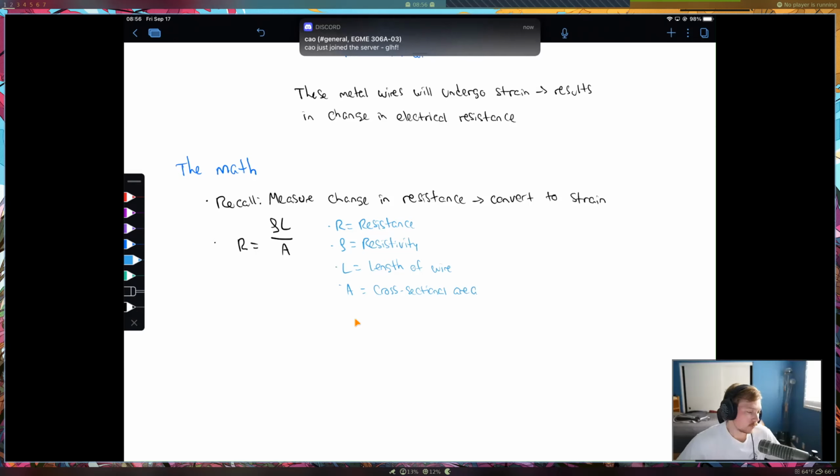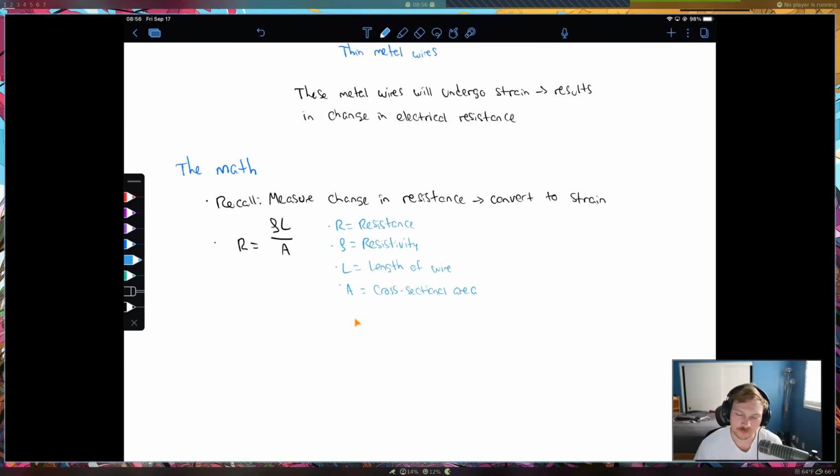Alright, and the resistivity, if you remember maybe from your physics class, or maybe honestly high school, or maybe you've talked about it in 226, or maybe your circuits class too, right? The resistivity is a material property for how much a material resists electrical current.